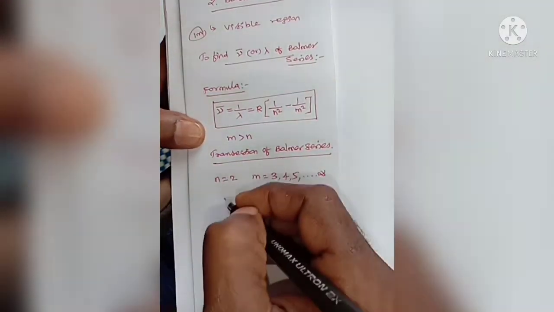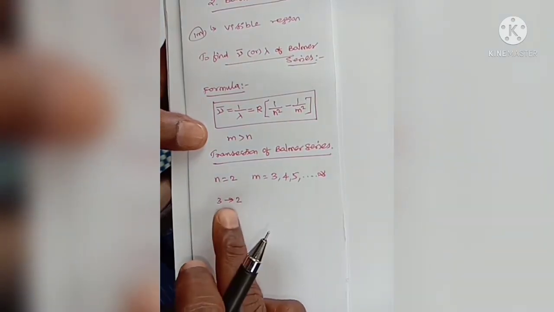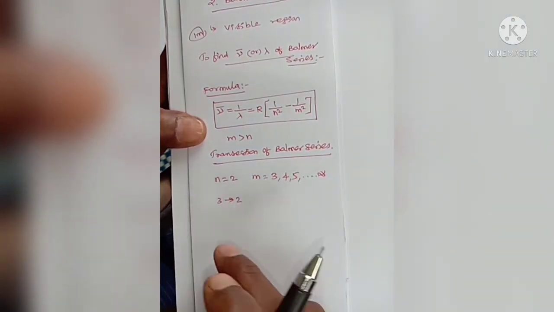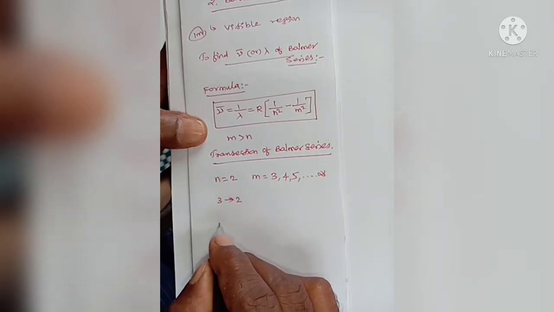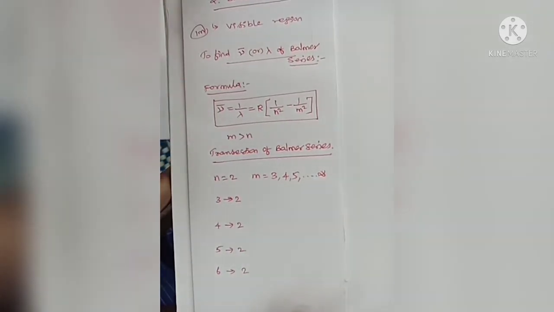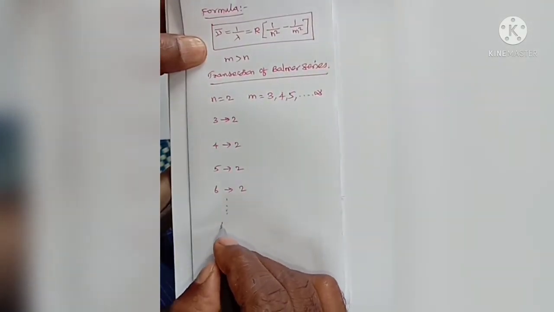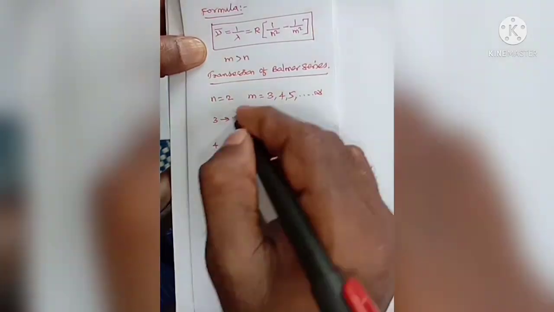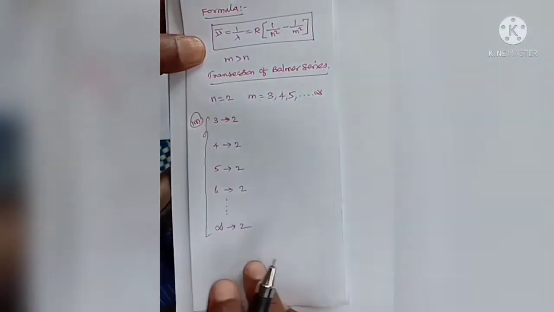So the transitions: 3 tends to 2, this is the first Balmer transition, and the second one 4 tends to 2, and 5 tends to 2, and 6 tends to 2. Similarly infinity tends to 2. So these are all Balmer transitions.